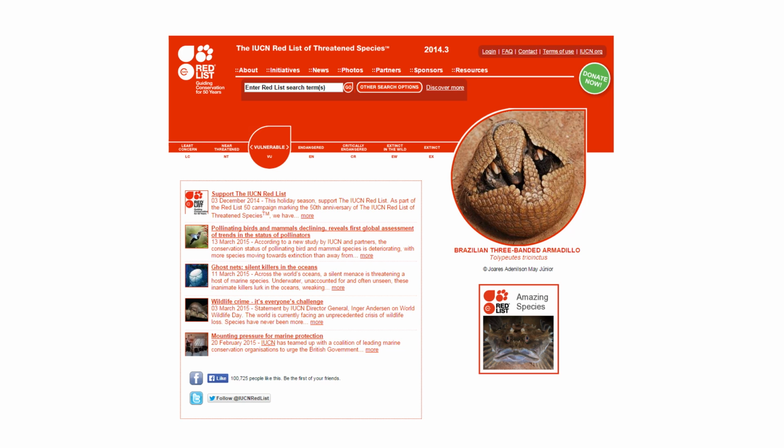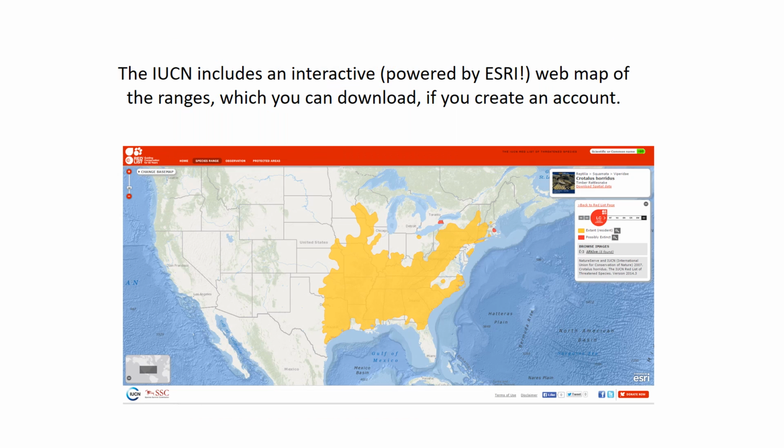If you go to the IUCN Red List of Threatened Species, you'll get a page that looks something like this. And what you can do very awesomely is create species distribution maps based on the information that they have. You can browse all of these pretty easily.